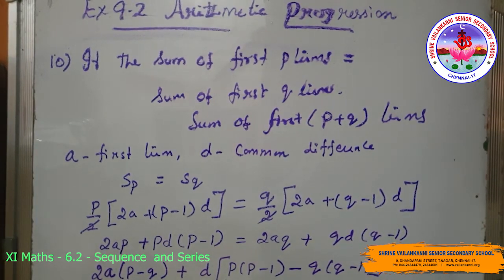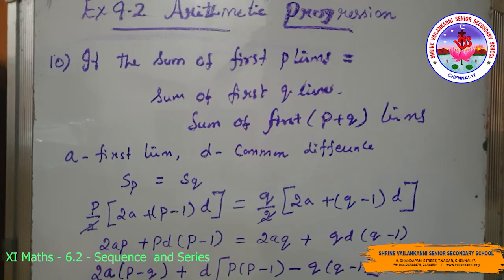So 2a into P minus Q plus d into, multiplying this, P square minus P minus Q square plus Q.